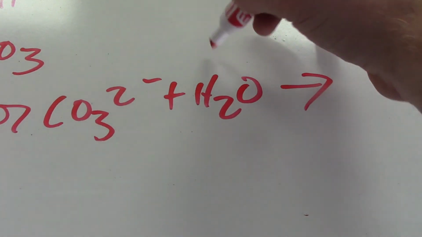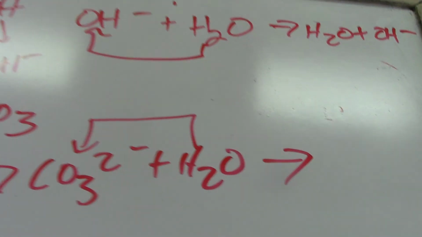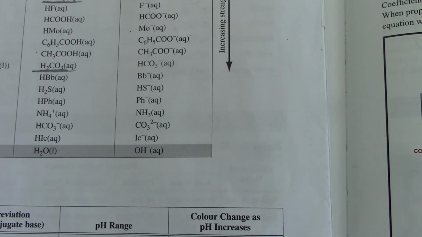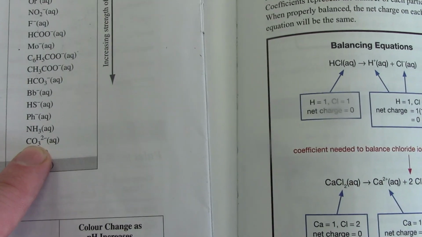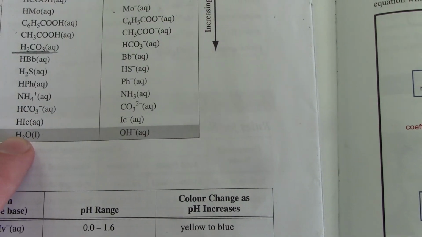Again, the water acts as the acid. You have CO3 2 negative, which is my strongest base, and I don't have anything else, so the water will be my acid.